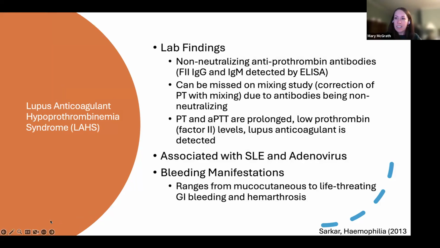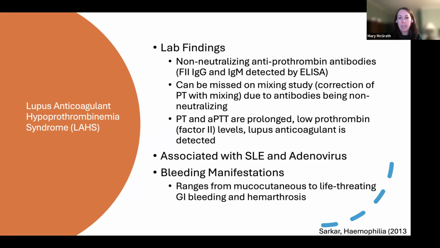And then the last rare disorder to think about is lupus anticoagulant hypoprothrombinemia syndrome, which can contribute to excessive bleeding as well in individuals with pancytopenia, particularly in patients with lupus. So in LAHS, non-neutralizing antiprothrombin antibodies are formed, resulting in rapid clearance of your prothrombin.